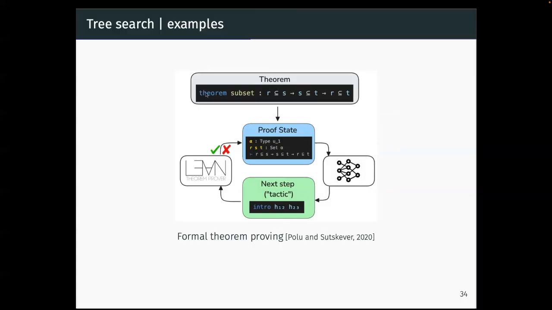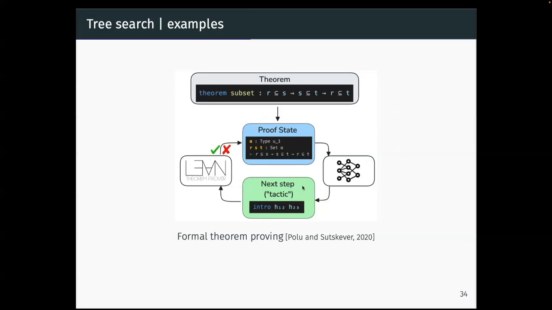Here we want to prove this theorem, and it's essentially in source code in a programming language called Lean. Lean gives you a proof state, which says here is the current state of the proof and what you have left to prove. Then what's typically done is you ask a language model to predict the next step of the proof. You can pass that to Lean, and it can tell you whether the proof is complete, whether there was an error, or it could give you a new state.